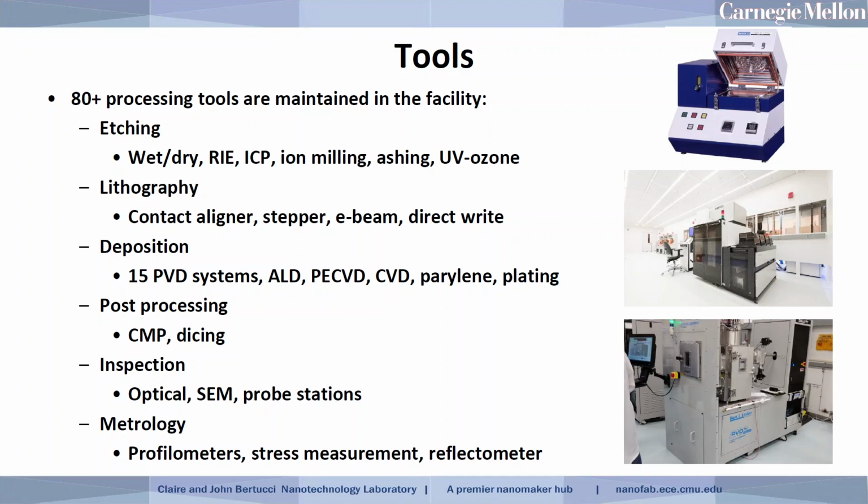We have a variety of lithography capabilities, including a number of mask aligners. We have an ASML wafer stepper, a direct write system, as well as the Elionix system for e-beam writing, which we mentioned earlier.